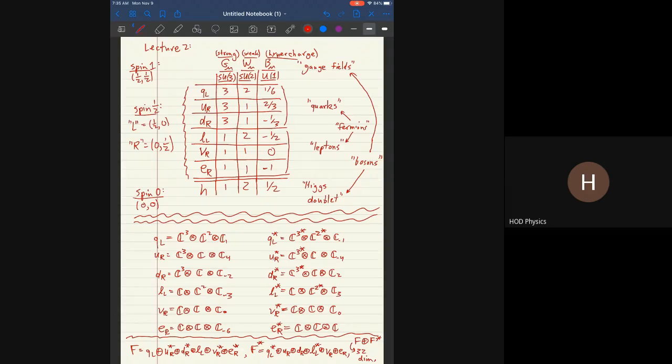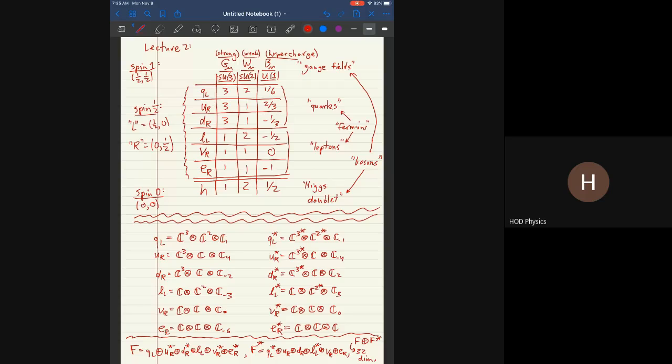So this table shows all of the different irreducible representations of the gauge symmetry group of the standard model that appear in the standard model, all the particles we know about so far.